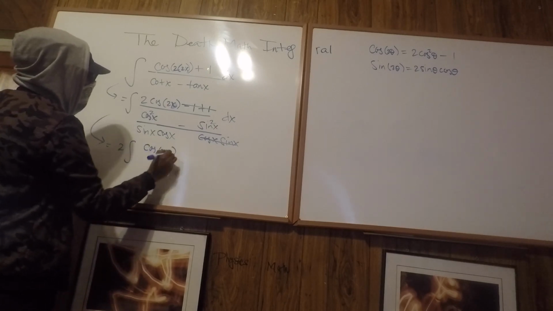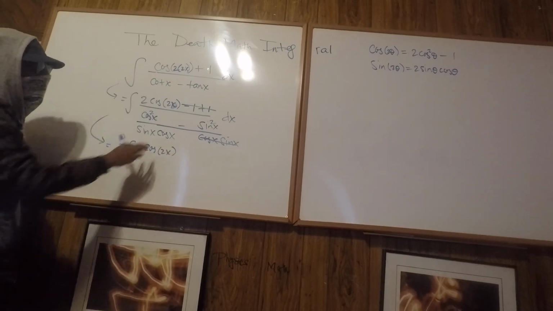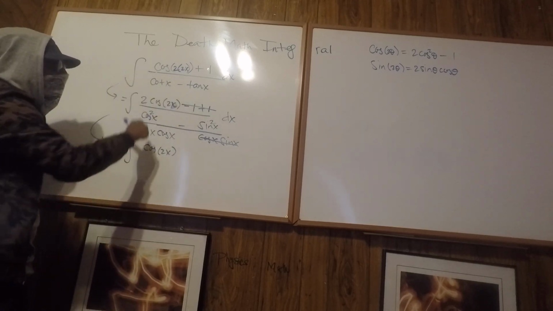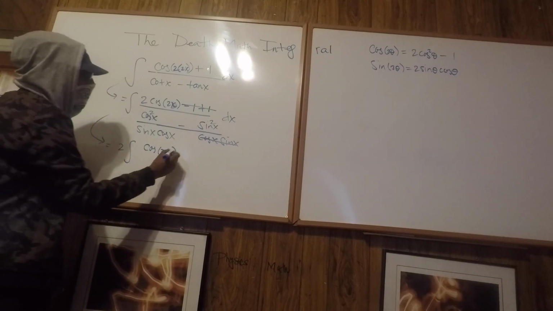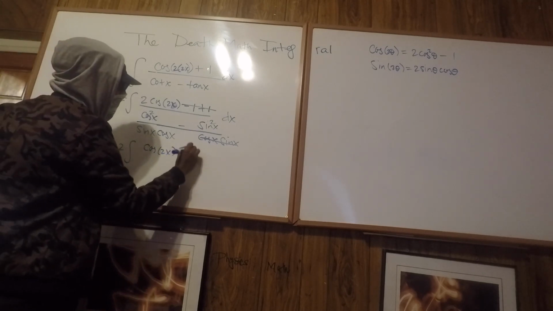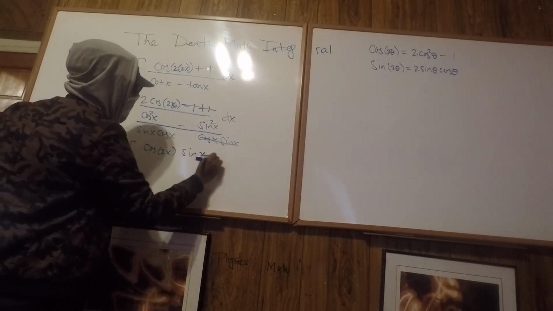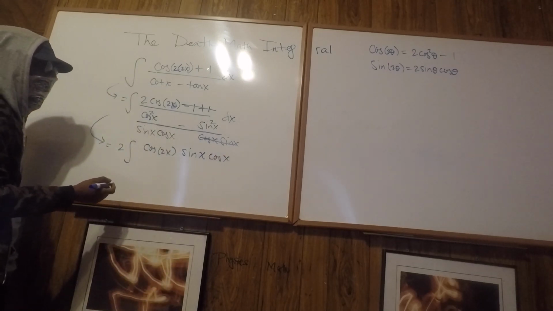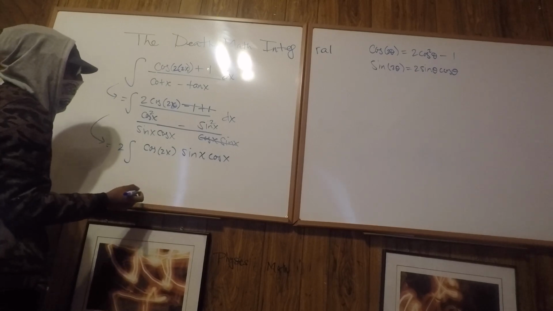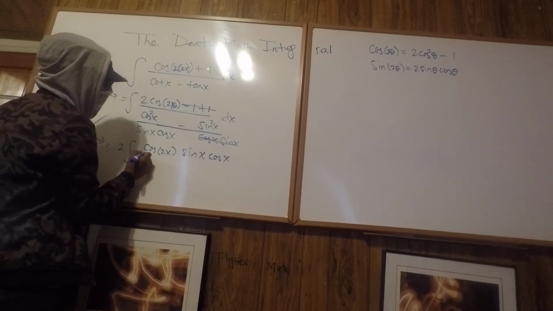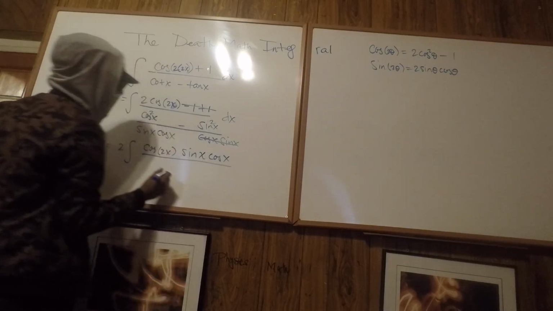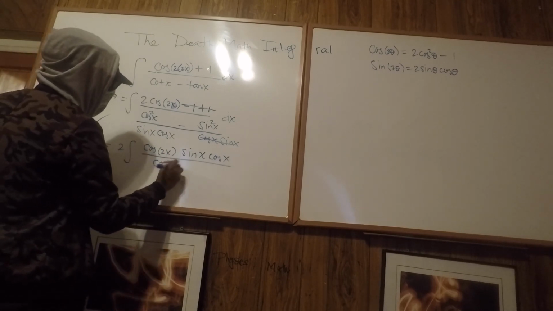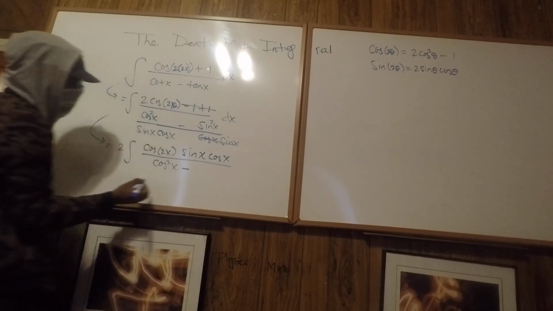And then, remember, keep, flip, change, we're dividing by this quotient, so we flip, you know how math works, sine x, cosine x. I mean, in other words, if you don't know how this works at this stage in your life, you should give up. Okay, no, just kidding. I'm just saying, if you're watching a calculus video, you should know what keep, flip, change is.